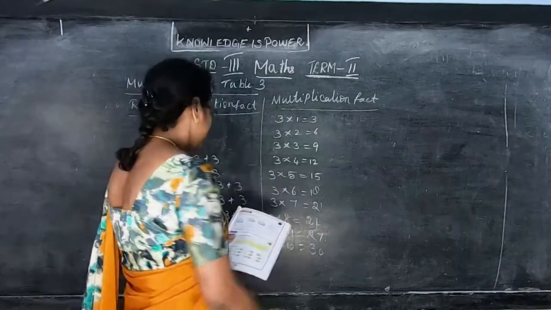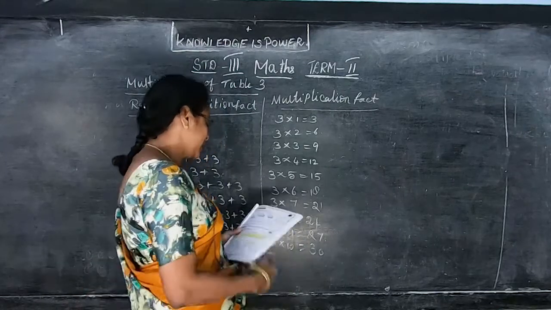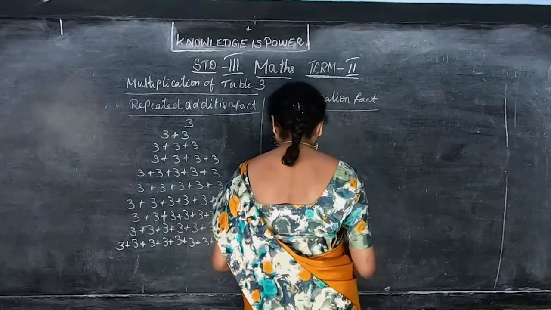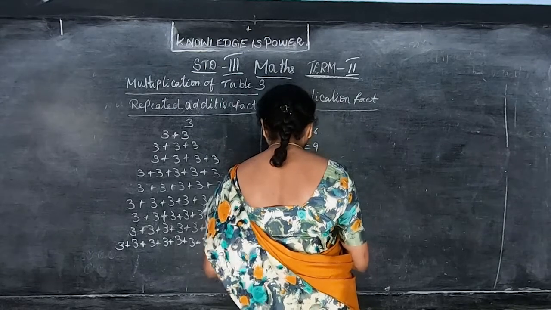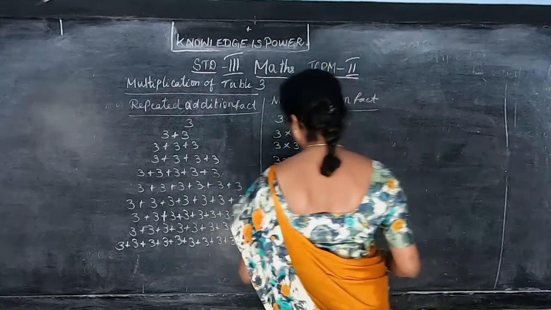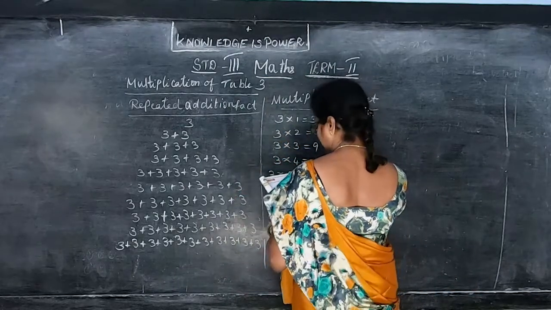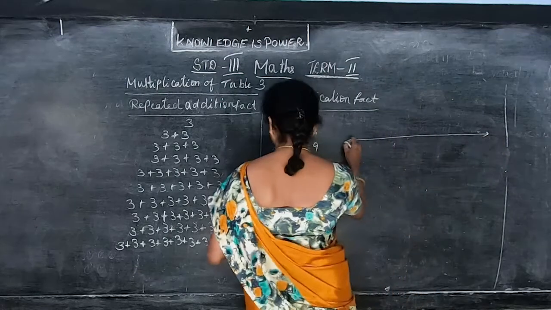Now in this they are given the number lines. Yeah, they are given like this. Here, number line. So in this number line, how to jump the numbers?